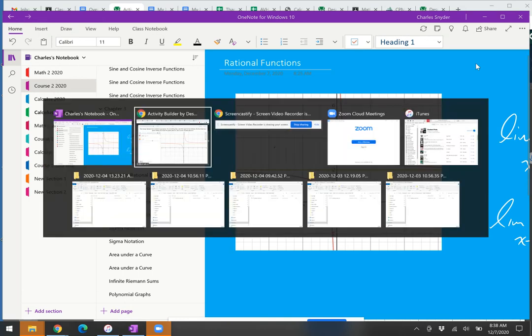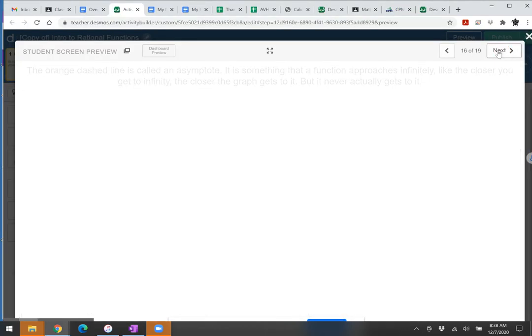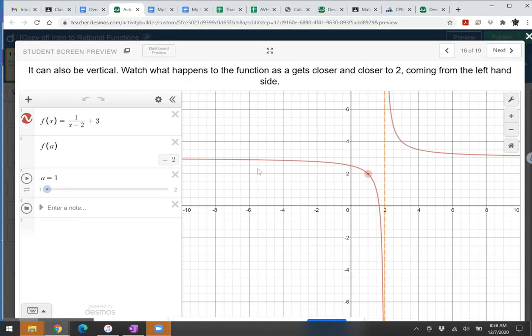And there's another concept of the limit as x goes to 2. In this case, watch what happens as x goes to 2 coming from the left side. What's happening to my function's value? What's happening to that dot? It's going down, down, down.